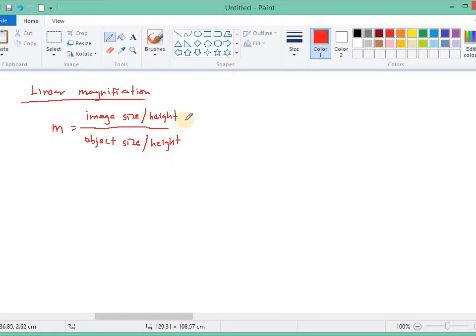Okay, and then we found that the ratio between the image distance over the object distance is also the same, okay, the same magnification.